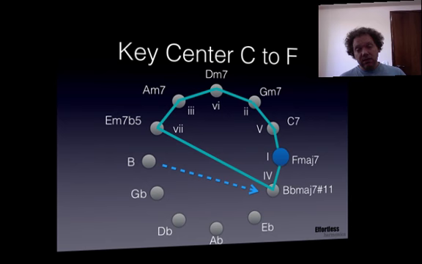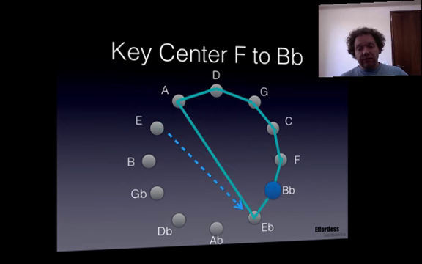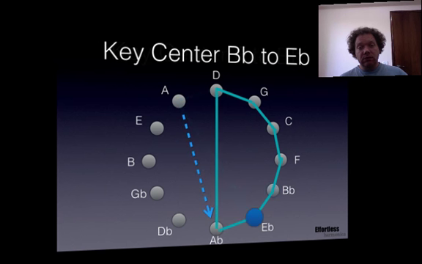Let's see what happens if we go clockwise again. We go up a fourth, we go to the key of B flat, and then E becomes E flat. So first B became B flat, now E became E flat, and so on. A becomes A flat if we modulate from B flat to E flat.